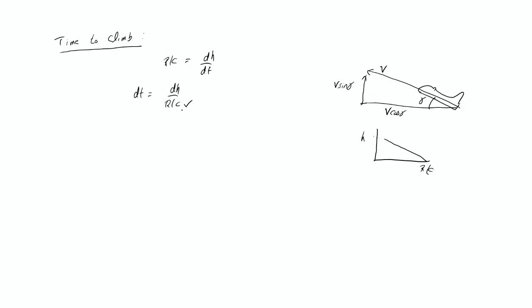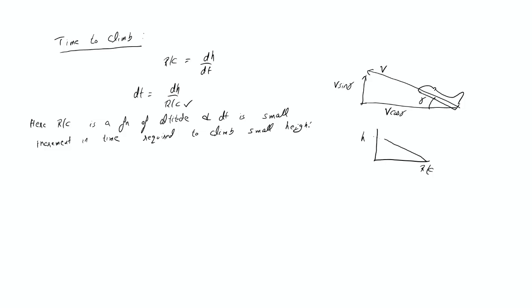And dt is the small increment in time required to climb a small height dh at a given instantaneous altitude.